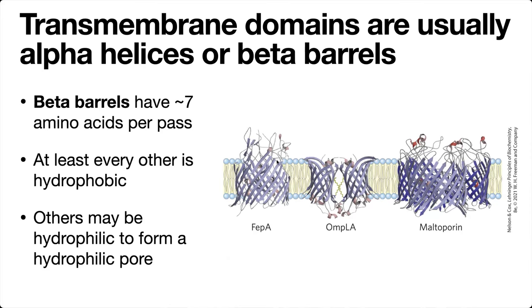And at least every other one of those is going to be hydrophobic because you have that alternation of the side chains on one side of the beta strand, and then the other side, and then one side, and then the other side. That was the reason why we could have those amino acids that were bulkier, because they weren't going to be sticking right next to each other. And it's the reason why, if we have one side facing a lipid and one side facing an aqueous environment, every other one would be hydrophobic versus hydrophilic.